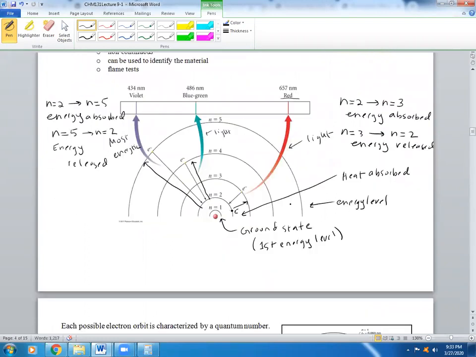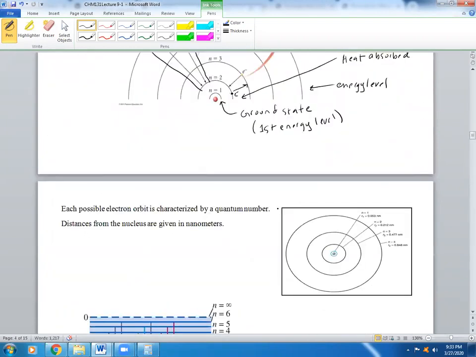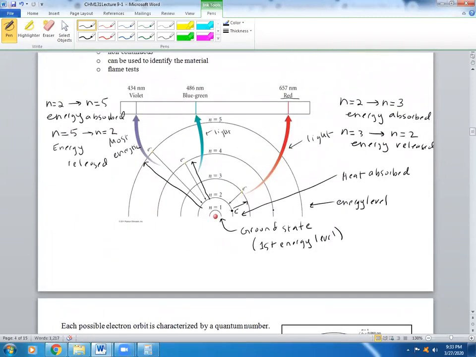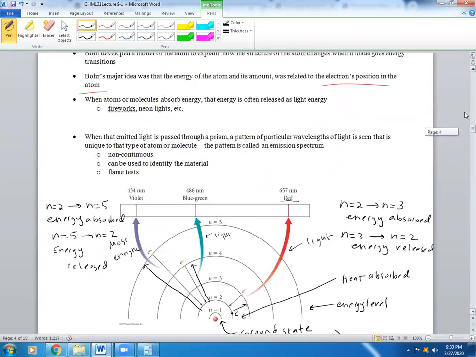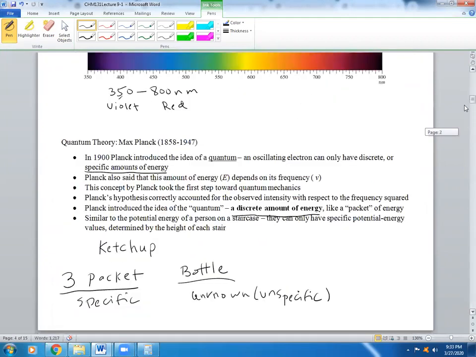So actually, what's interesting is color is really in your eyes only. If you think about it, outside of your eyes, there's merely just wavelengths of energy, of light. So 657 nanometers is just that wavelength right here.